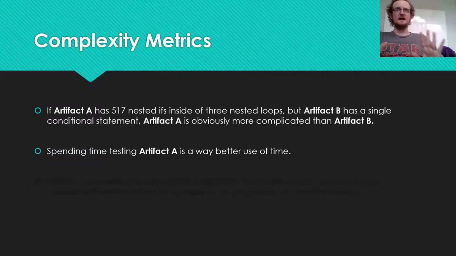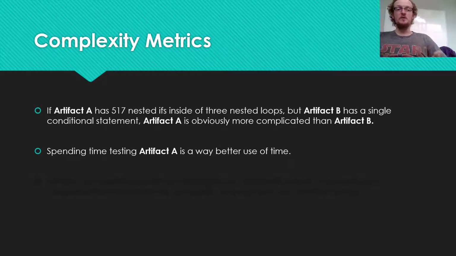If you have two artifacts, two classes for example, and one of those classes in its main method has 517 nested ifs, and those are all inside of 3 nested loops, that is going to be a vastly different situation than a different artifact that only has a single conditional statement. And colloquially, just from your experience doing programming assignments or programming as a hobby, you might think that the 517 nested ifs inside of 3 loops is going to be much more complex.